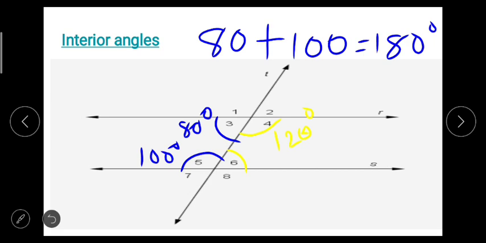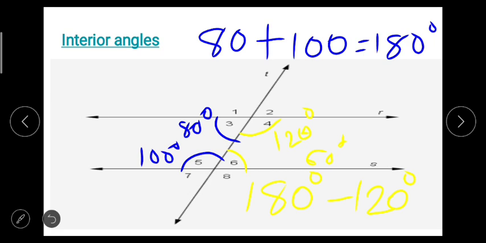What is the measure of angle 6? What we will do is 180 minus 120. What is the answer? 60, yes or no? So the answer is 60.